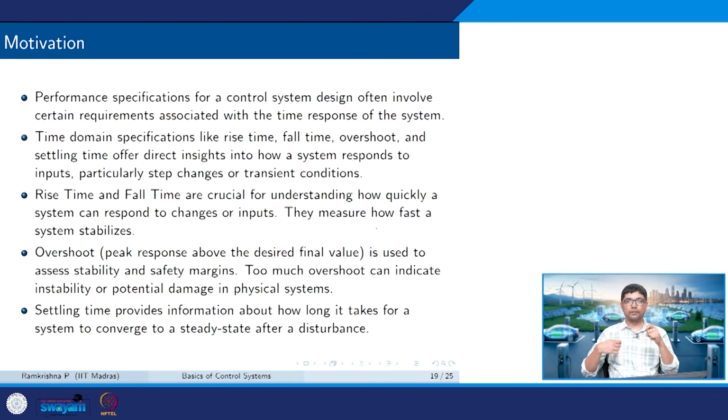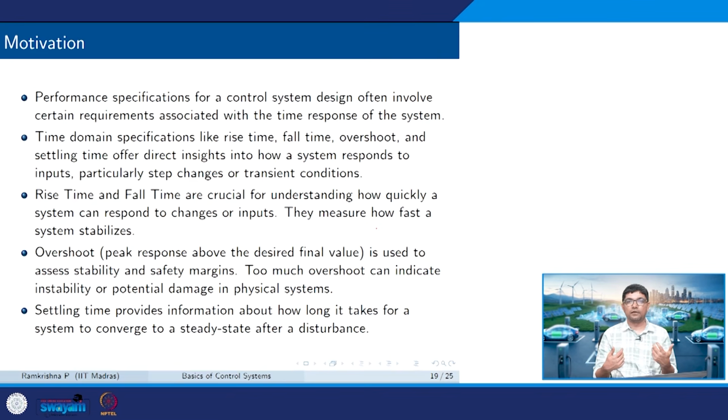They give some insights on how the system responds to transients, how it responds to a step change, and so on. So, what does the rise time tell you? The rise time measures how fast a system responds and also how fast a system stabilizes. Overshoot is used to assess stability and also safety margins, right.